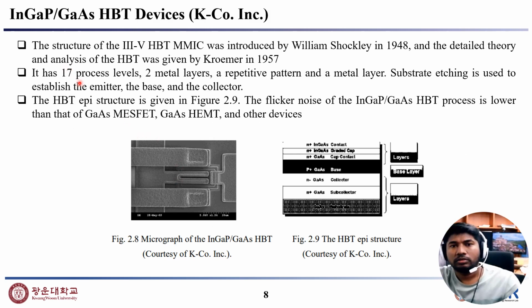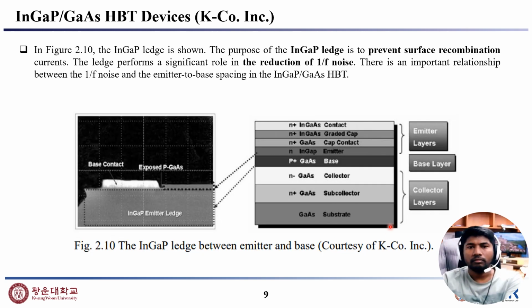And now the HBT device is shown here in a micrograph of the indium gallium phosphide gallium arsenide HBT, and here the HBT epitaxial structure is also shown. And in this figure 2.1, you can see the indium gallium ledge, and the purpose of this indium gallium emitter ledge is to prevent surface recombination current.